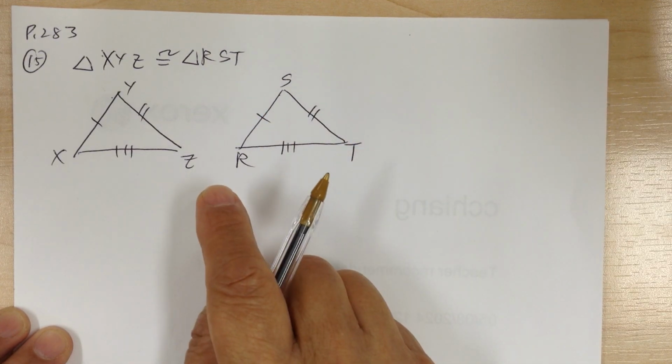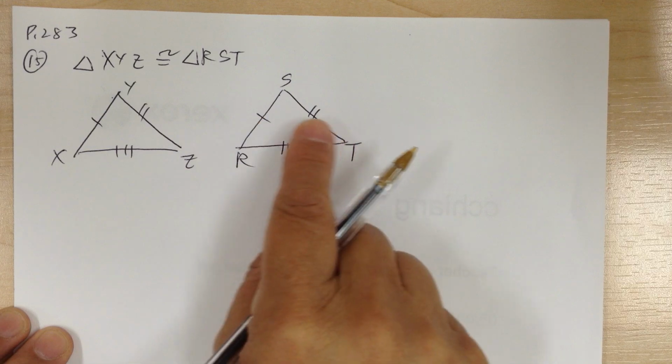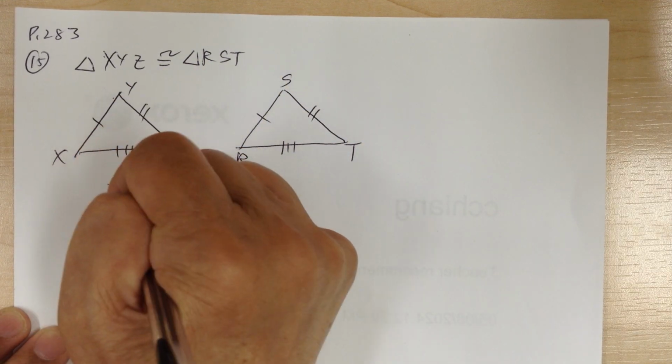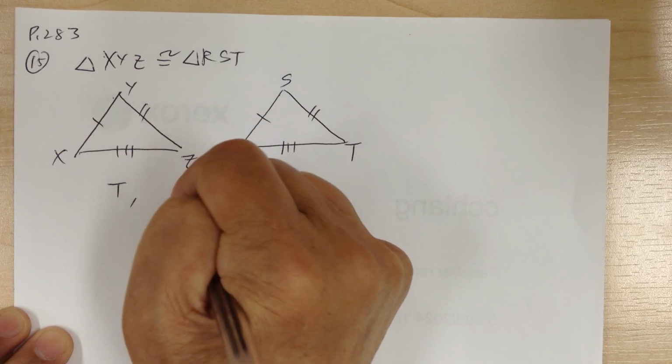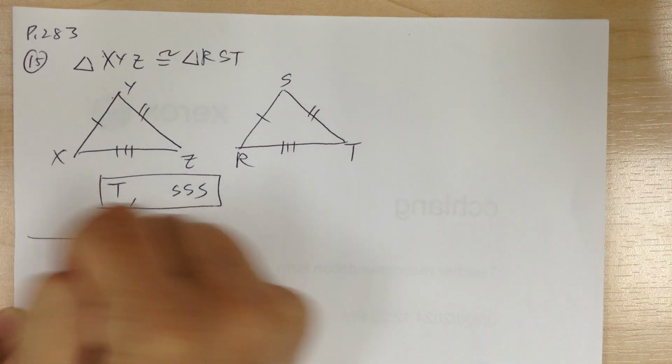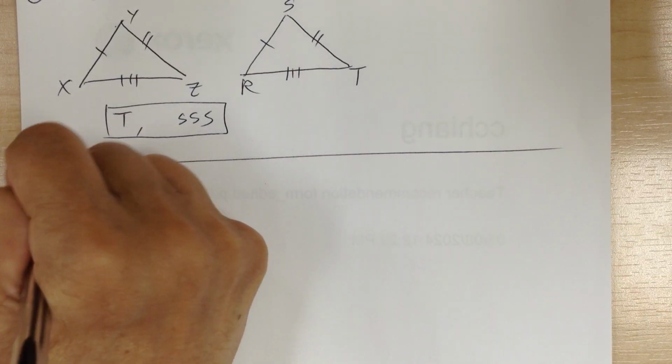Okay, so decide whether this is true. So you have this congruent to that. Okay, the answer is true because of the SSS. Okay, so this is true because of SSS. Okay, number 16.